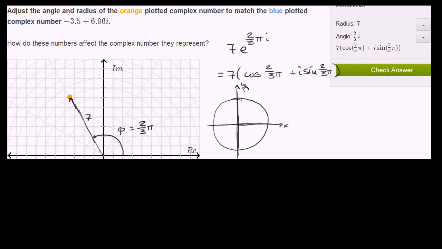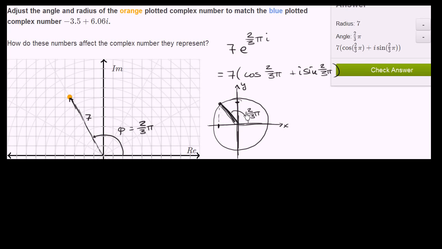This is our x-axis, this is our y-axis. 2/3 pi is the same thing as 120 degrees. So it looks just like what we did over here. So let me draw it as neatly as I can, which isn't that neatly. So that angle is 2/3 pi. Our cosine of 2/3 pi is going to be our x-coordinate here, and sine of 2/3 pi is going to be our y-coordinate over here.